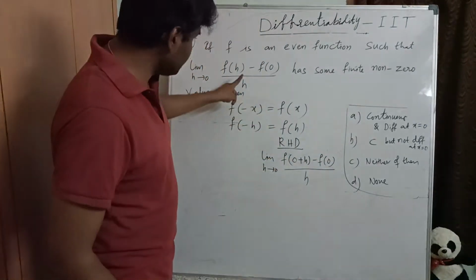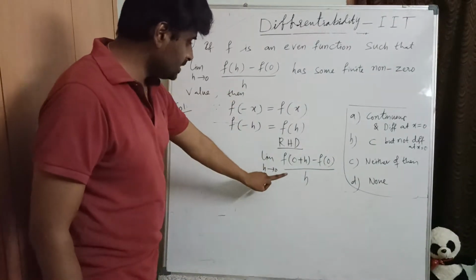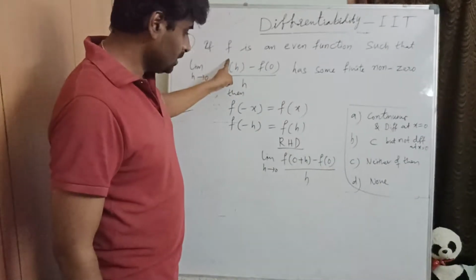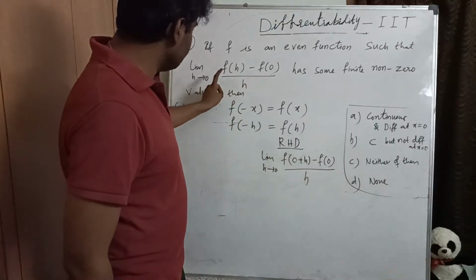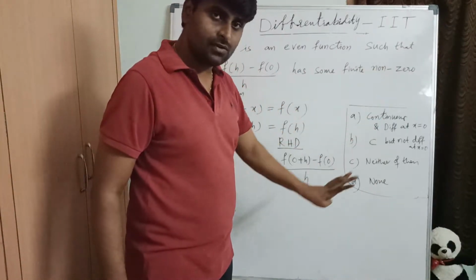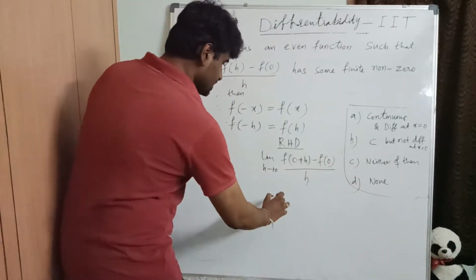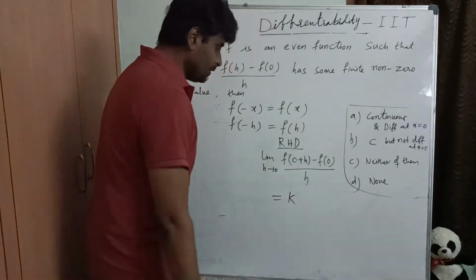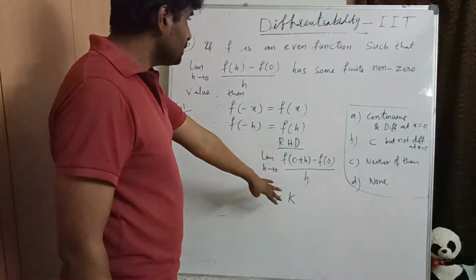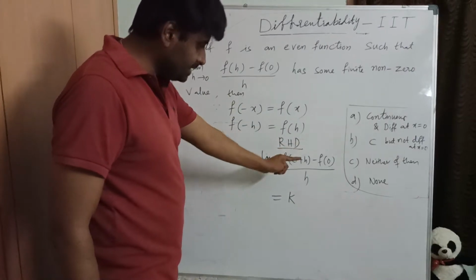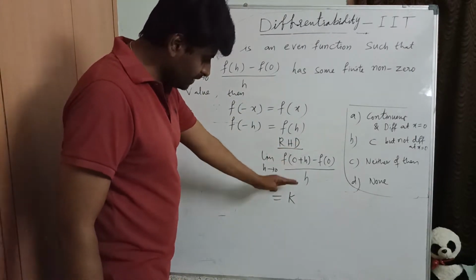Is it the same as this? Correct? Now what was given? This has some finite non-zero value. Suppose this is a finite non-zero value; let me take its value as k.